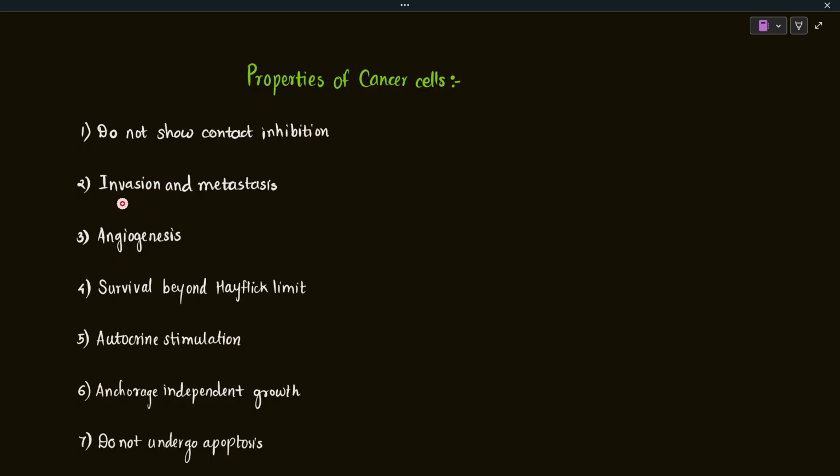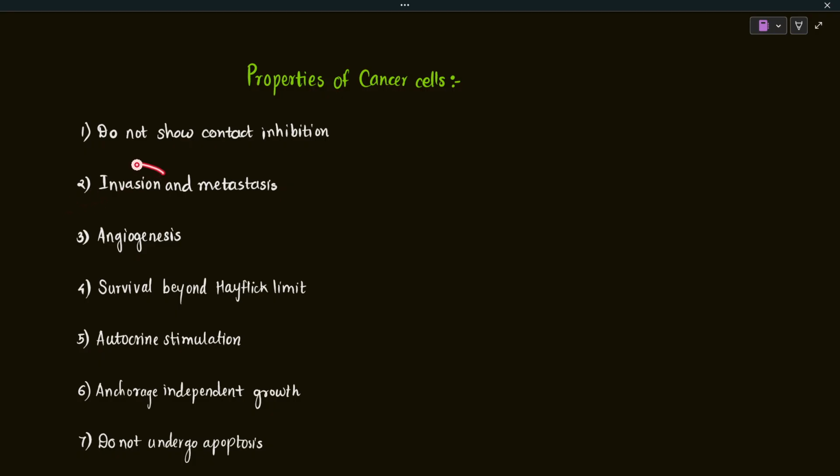The other property which is quite distinct and which defines the cancer cells is invasion and metastasis. So the cancer cells show invasiveness as well as metastasis. Invasiveness means the ability of those cells to invade the neighboring tissue, while metastasis means the ability of those cancer cells to migrate from one location to a new location and proliferate there and produce a secondary tumor.